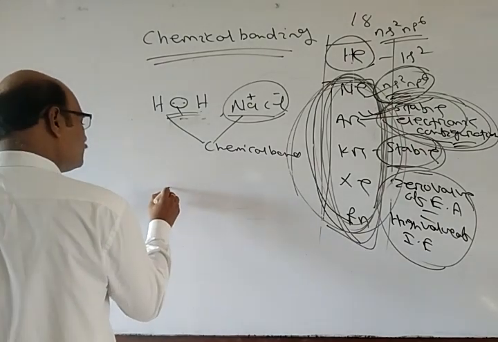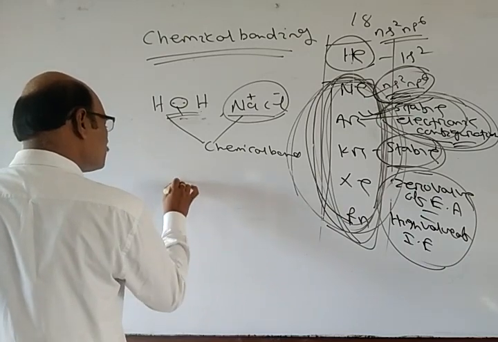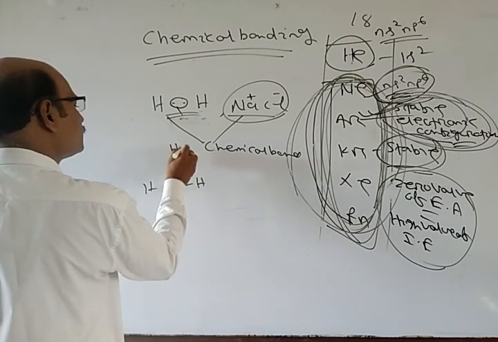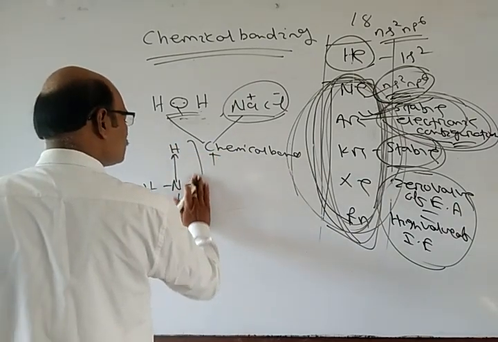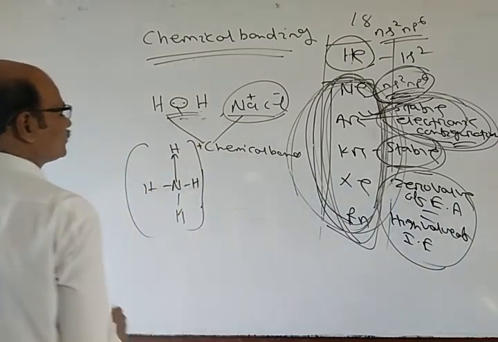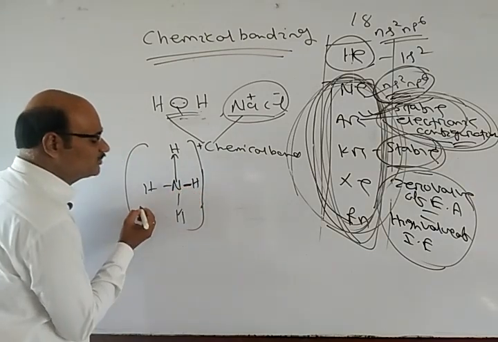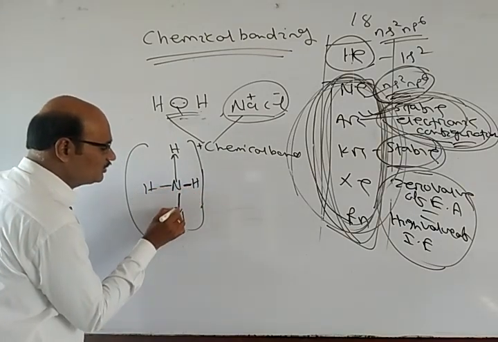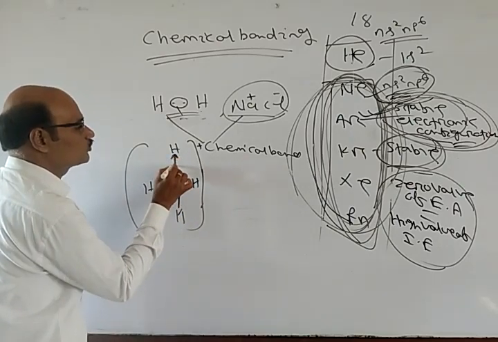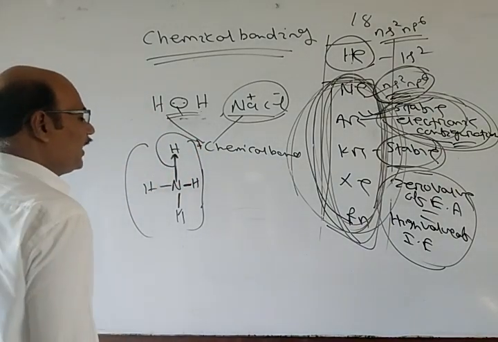Suppose we have the NH4 plus here. You will see between the N and H there is a force of attraction. This is attraction, this is attraction. This one is also called what? A chemical bond.